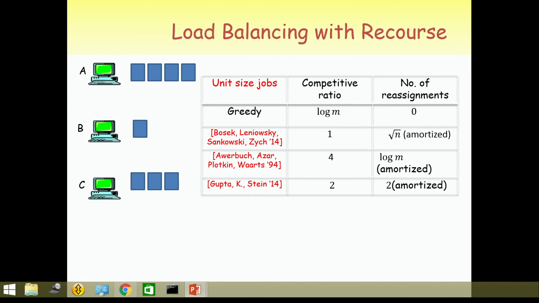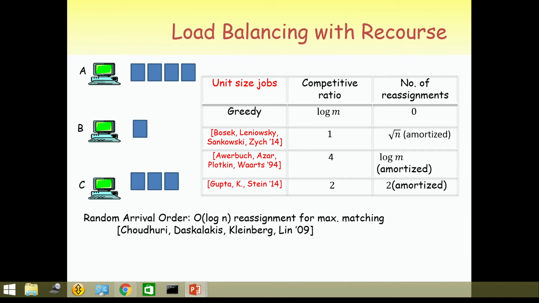Our work et al. showed that if you want a 4 competitive algorithm, then one can get away with log m changes per arrival. So when a job arrives, you will reassign log m jobs. And we showed that one can get a constant competitive algorithm with a constant number of reassignments.